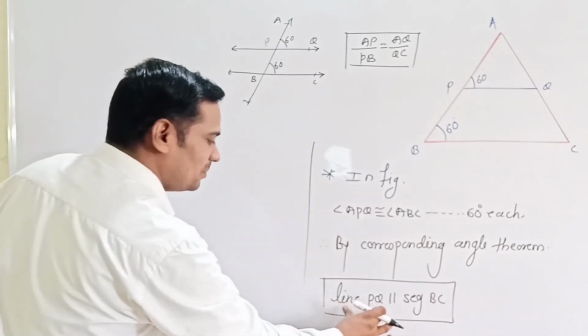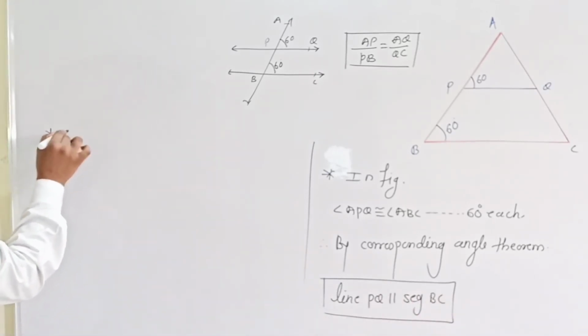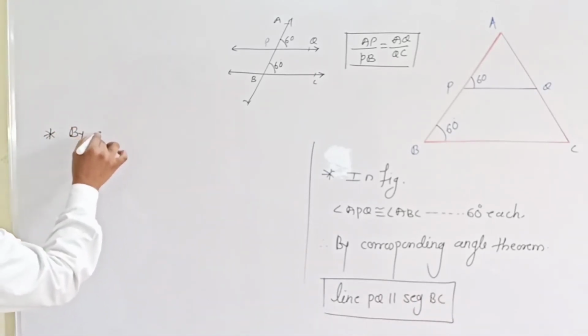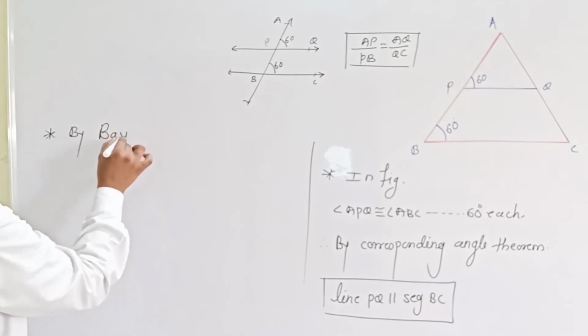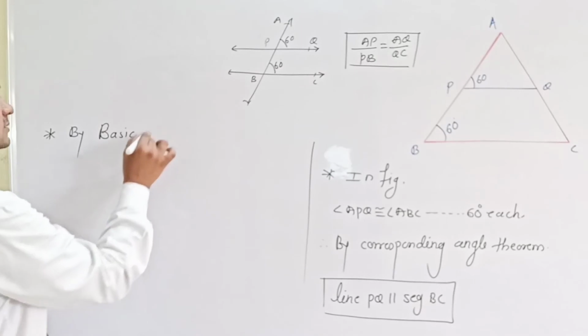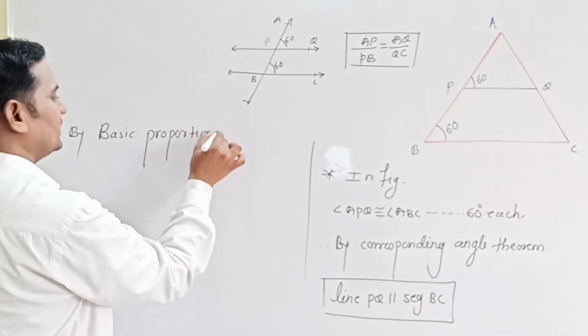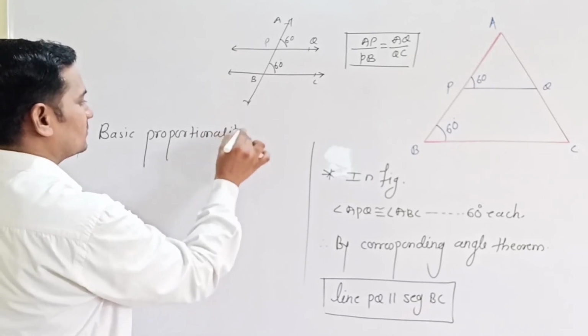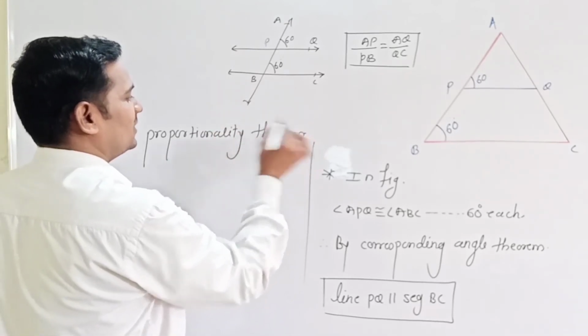If a line is parallel to a side of a triangle, then we can directly use, therefore, by the basic proportionality theorem. Now, what is that theorem?